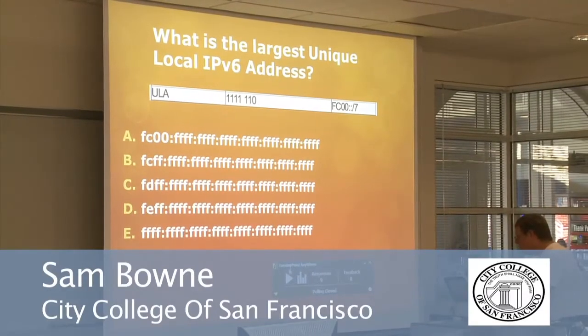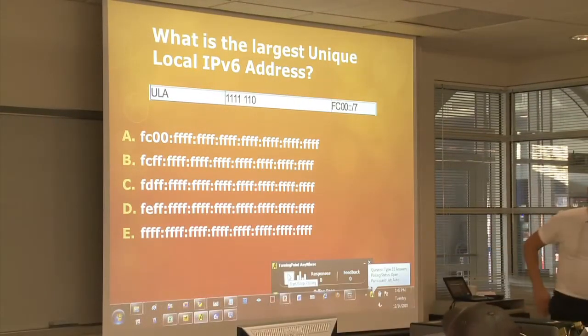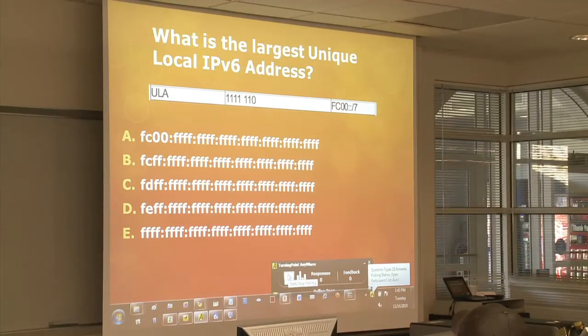How about the largest unique local address? These are addresses that are not supposed to be routed, but they are supposed to be unique. They're supposed to travel through your network, but not out onto the internet. I don't quite understand why they're different from the FE80s, but they're there, the FC00s. There used to be 3 different kinds of non-routable addresses: site local, link local, and unique local.